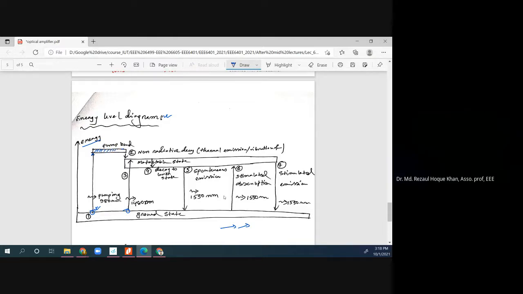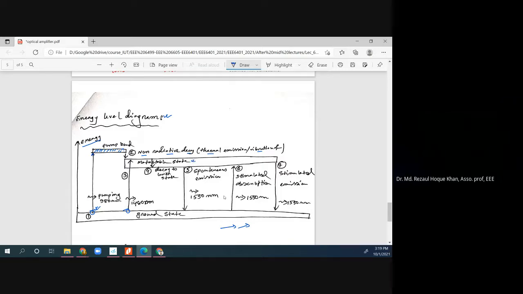Now from the pump band, the atom is unstable, so it will fall down by non-radiative decay. What does that mean? It is either thermal or vibrational, and it comes to a metastable state.